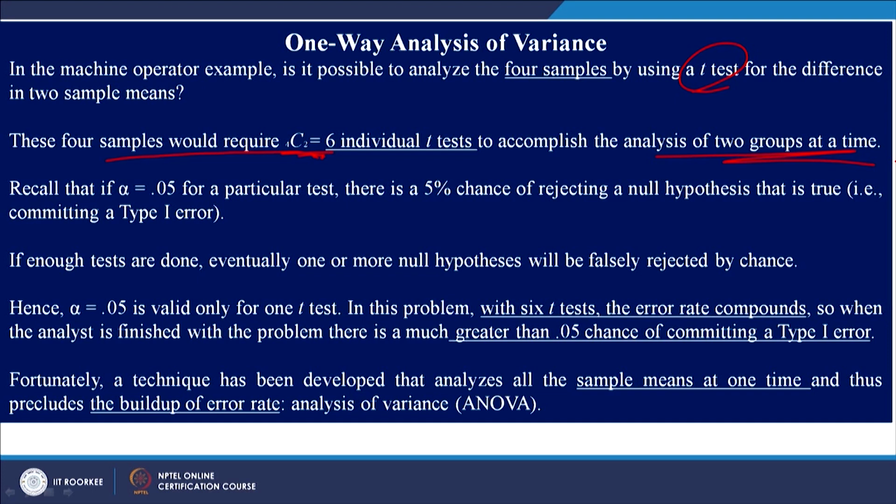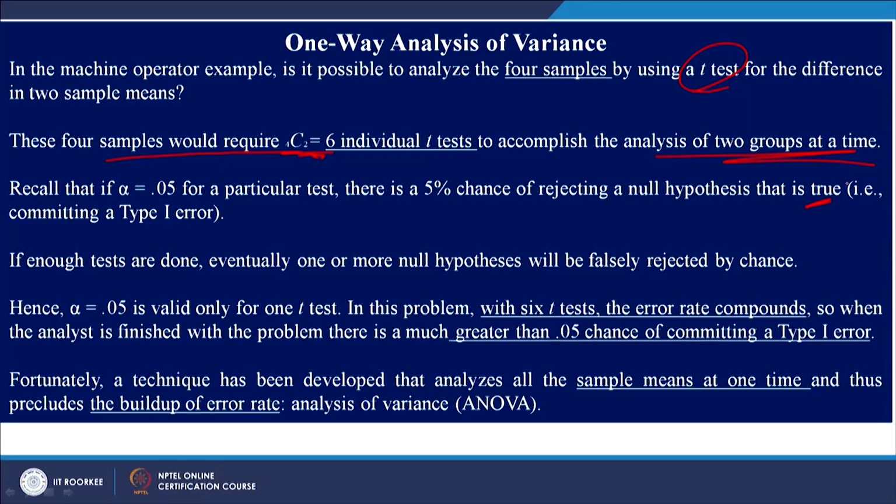So, either you use the t test 6 times to solve this question, or you use a technique called one way ANOVA, which in one stage itself will give the difference amongst 4 means, right. We also know that when alpha is equal to 0.05, there is only a 5% chance of rejecting the null hypothesis when it is true, right.